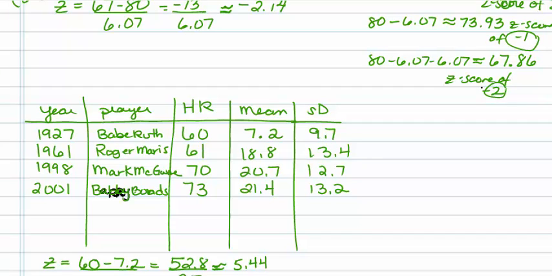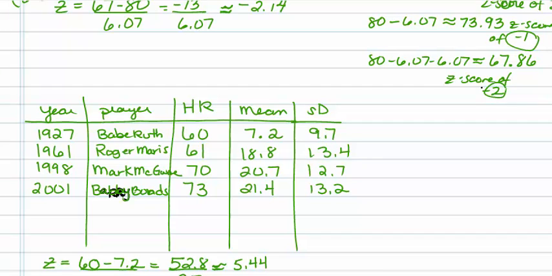I think it was 3.149. I should have rounded it up. But Mark McGwire, he got a 70. The average around him was about a 20, with 12.7. I got about 3.88.